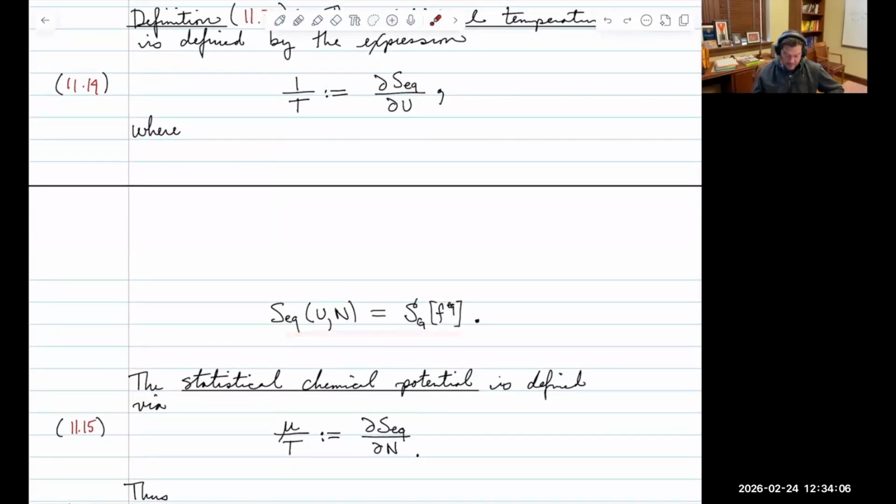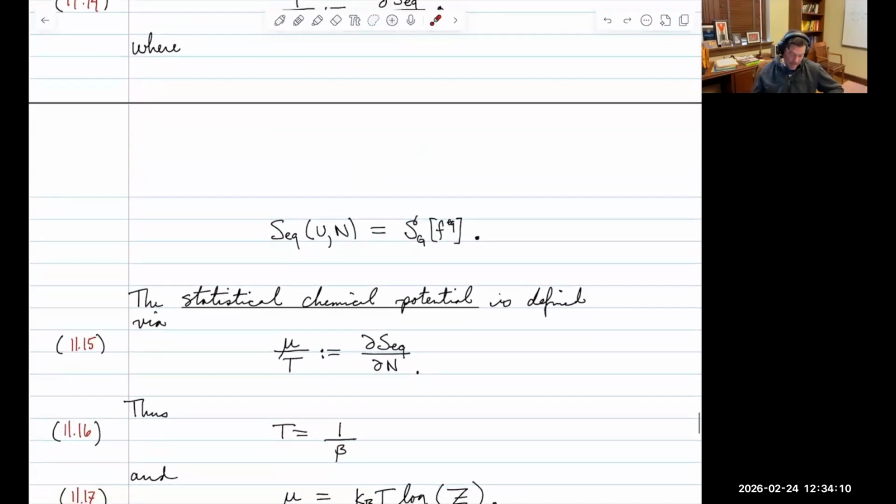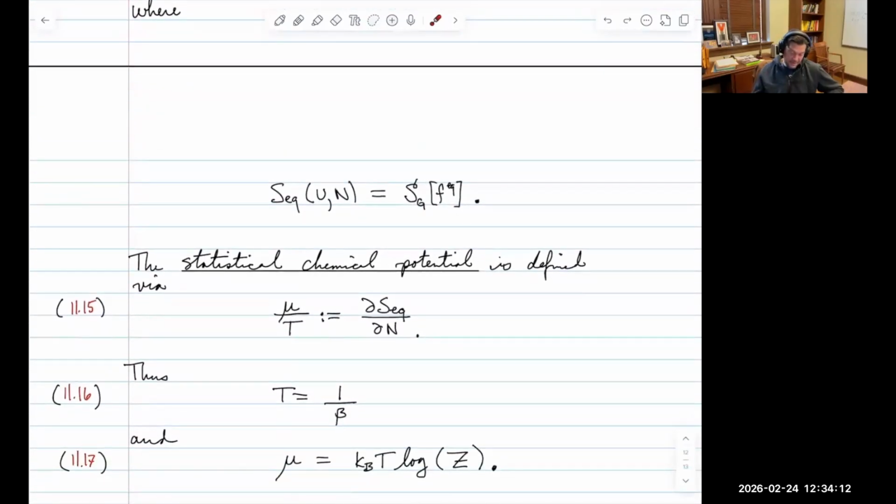It's just the Gibbs entropy at the equilibrium Maxwell-Boltzmann state. And we're going to call the statistical chemical potential the same as what we would have called it in the classical setting. The chemical potential over temperature is the derivative of the equilibrium entropy with respect to the number of particles.